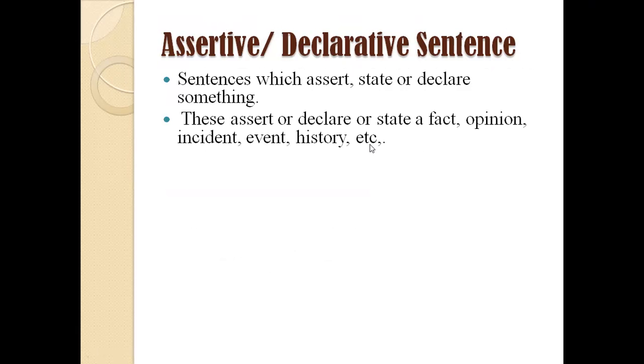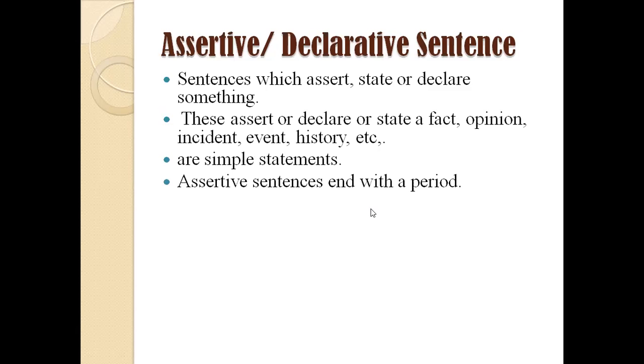These sentences assert or declare or state a fact, an opinion, an incident, an event, a history, etc. These are simple statements, and assertive sentences always end with a period. What punctuation mark is that? It is a full stop. Assertive sentences always end in a full stop. Here are some examples.